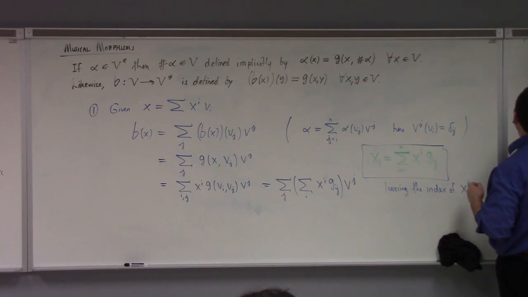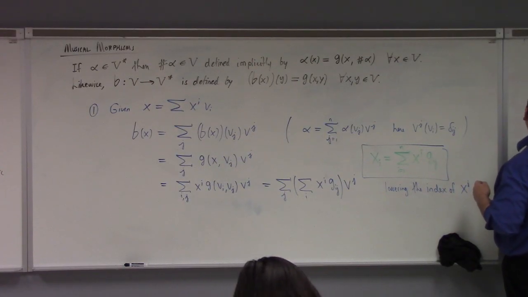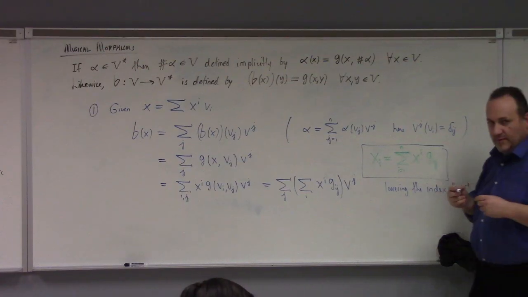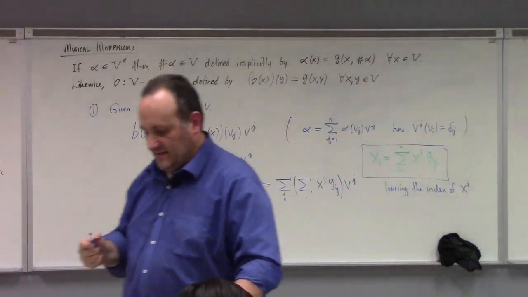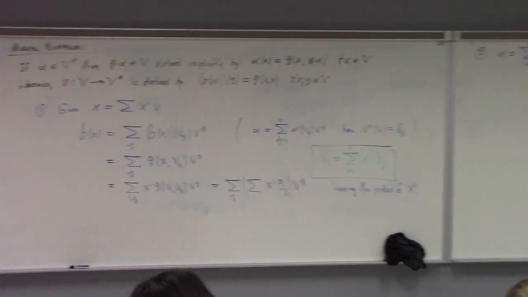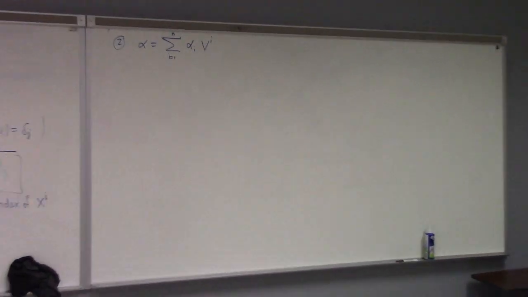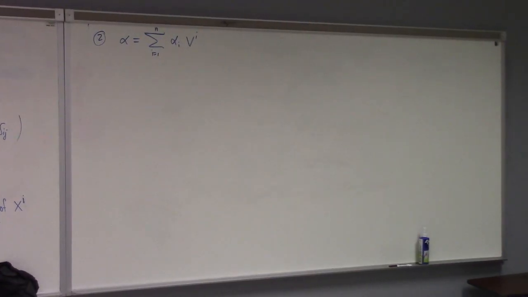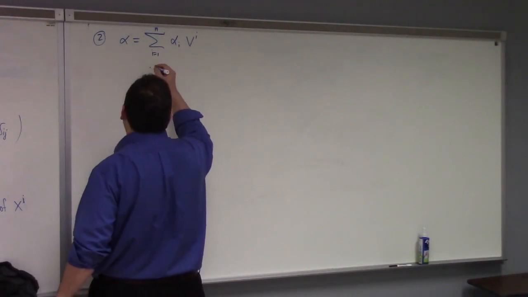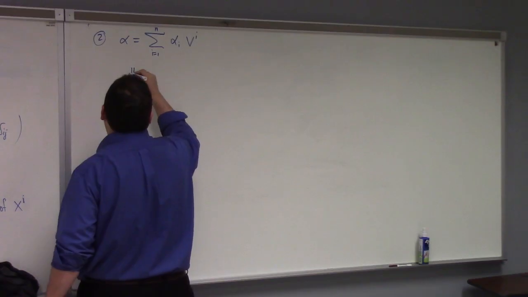So number 2, if we have alpha is the sum i equals 1 to n of alpha sub i v upper i, because remember, we can write any dual vector in terms of the dual basis, which we proved was a basis. You remember that? We did that. Then we want to understand sharp alpha.